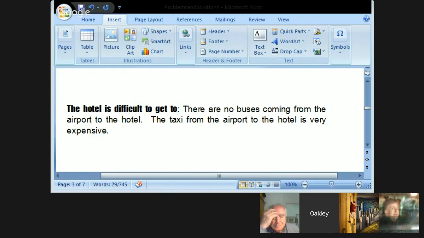Okay. Ken, do you have any brilliant ideas about transportation to the hotel? Yeah, maybe shuttle bus can work. And I don't know other idea, or a tie up with the travel agency, agents, to pack for the package tour.